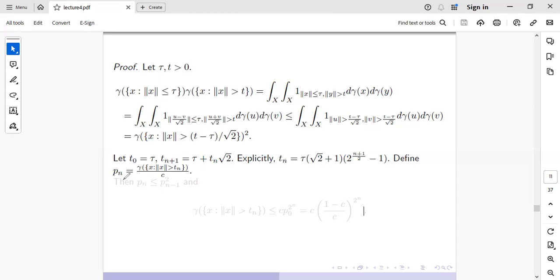And also consider such a probability Pn. This is the measure of the complement of a ball of radius Tn, divided by C. And I recall that C is exactly this.